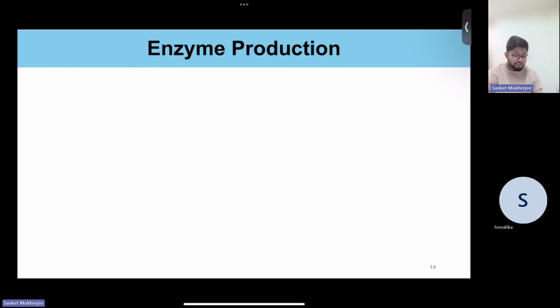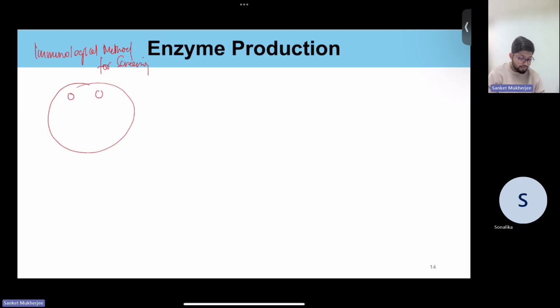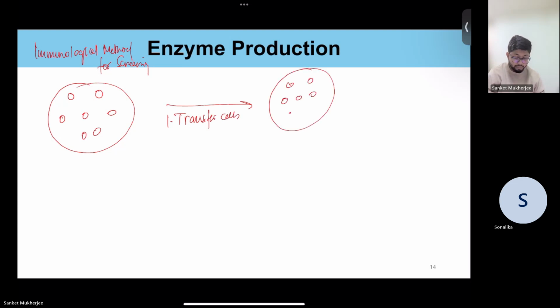There could be immunological methods for screening. How is it done? Again, the same concept where you have the master plate, you create a replica plate. Then you go for lysis, and the protein binds to the matrix.